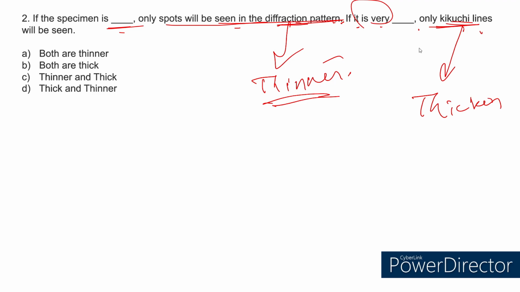If it is thicker, we can see the Kikuchi pattern nicely. So the answer is: when the specimen is thinner, we see the diffraction pattern, and when it is thick, we can see the Kikuchi pattern.